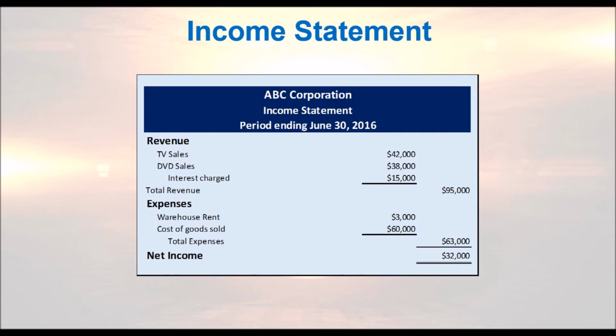So the total expenses is 63,000 as opposed to the total revenue of 95,000. So the net income is 32,000. Basically, 95,000 minus 63,000 gives you the 32,000 as your net income. Now that is your income statement.